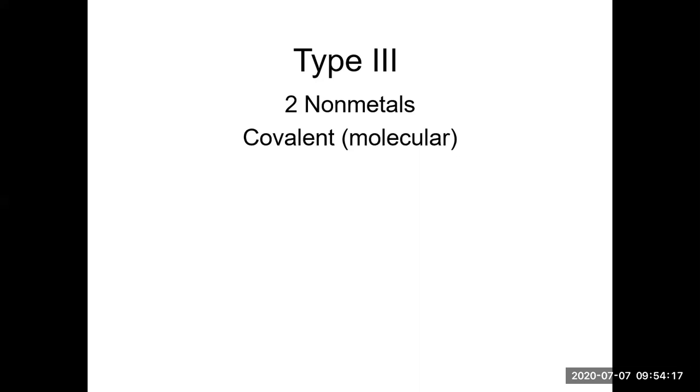Type 2, as we talked about, is also a metal and a non-metal, also an ionic compound. And again, here the metal is the important one. And the metal in a type 2 compound is a transition metal, except for the zinc, cadmium, and silver.